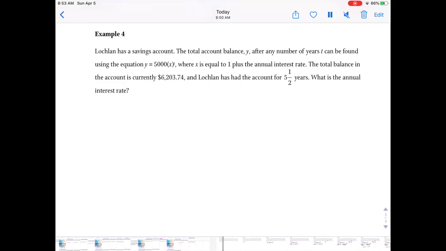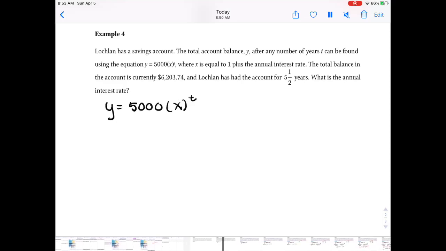So it gives me this equation and it gives me the different components to the problem. So the first thing that we're going to want to do is write down that equation again. So we're going to write down y equals 5,000 times x to the t power.